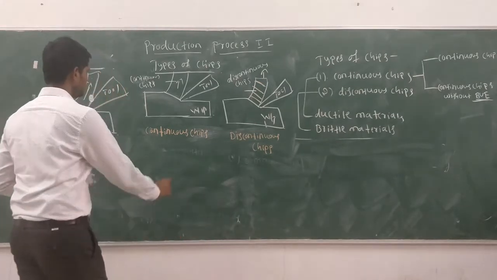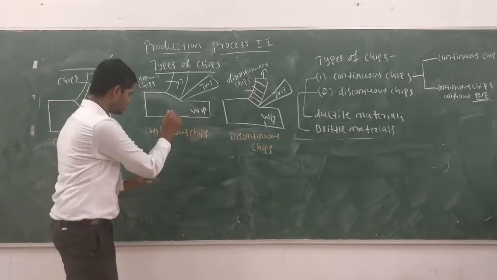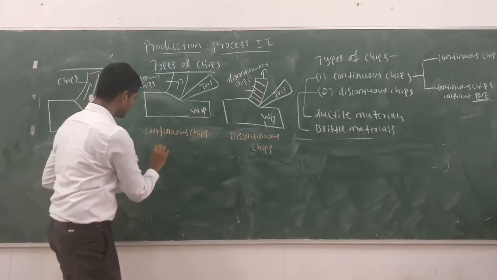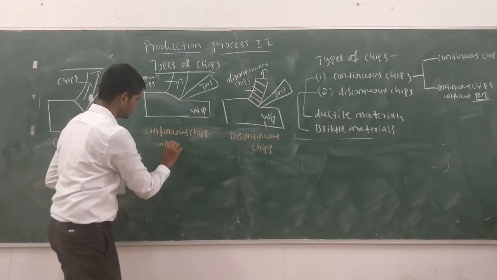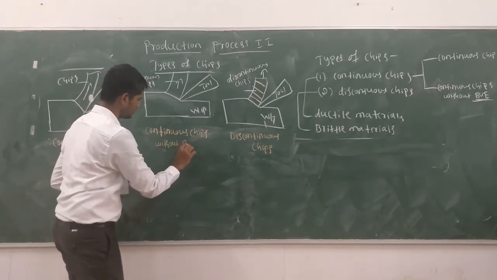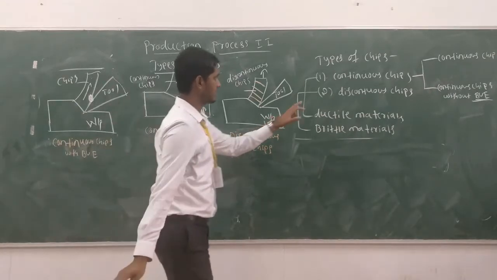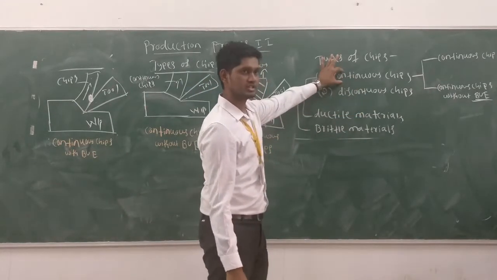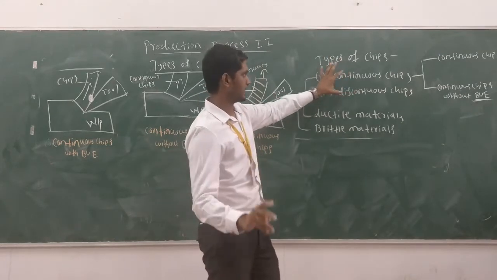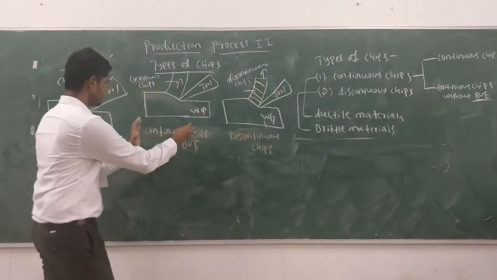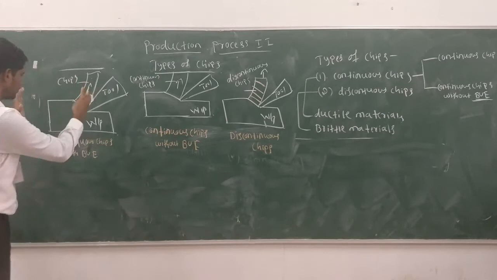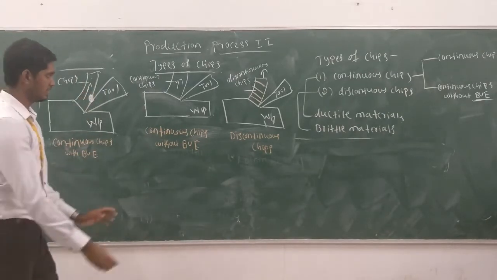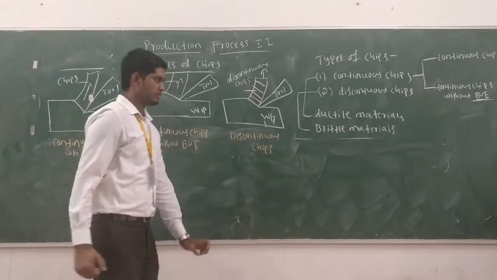And this continuous chip you can also call a continuous chip without built-up edge. Last class we saw the classification that continuous chips are again classified into two types, continuous chips without built-up edge and continuous chips with built-up edge, and here it is a discontinuous chip.